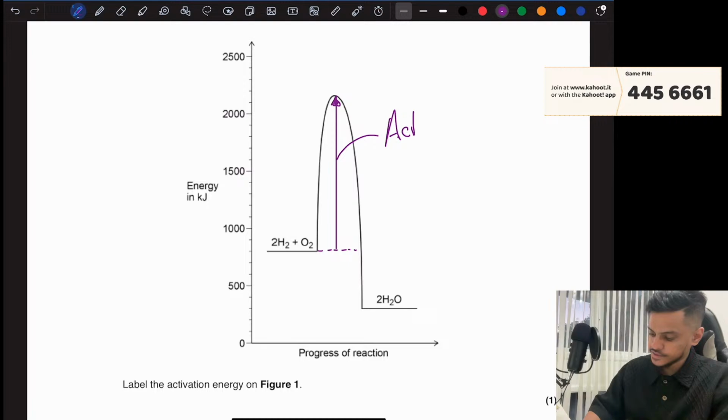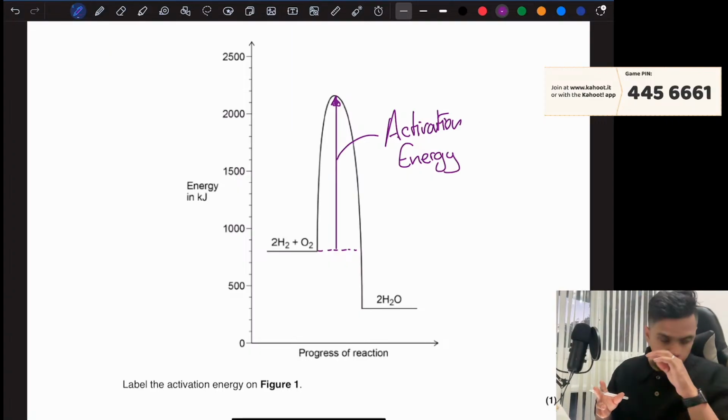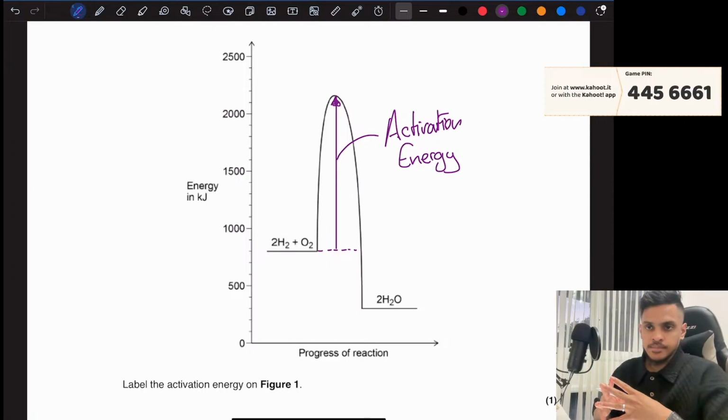That is the activation energy. It basically is the minimum amount of energy required for a successful collision to take place within the reactants. Okay, so your reactants are moving around. They need to collide with a high enough energy in order to react. Activation energy is the minimum amount of energy required for that.